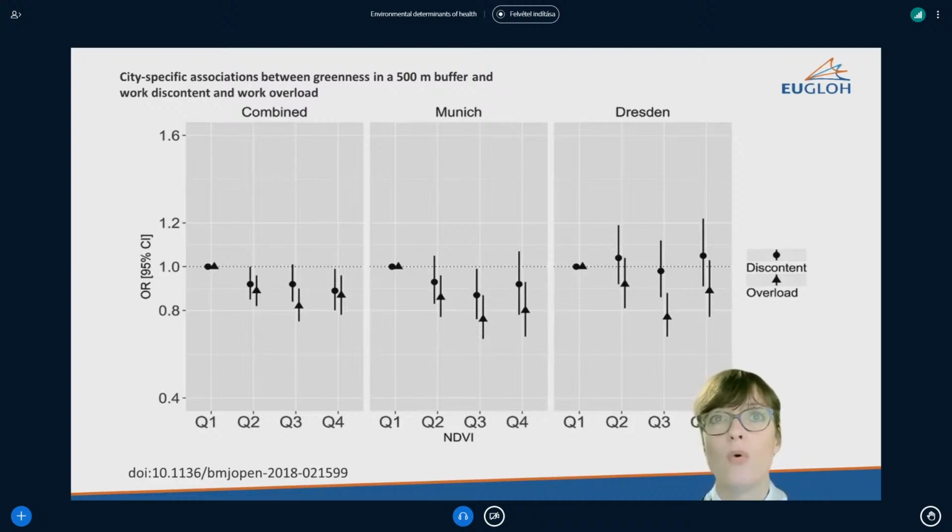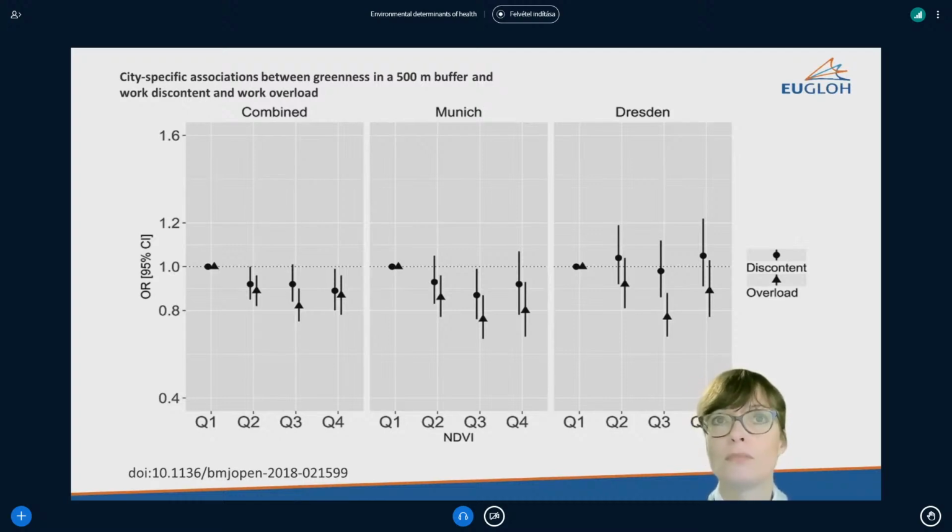The outcome here was not respiratory health, but chronic stress, or better to say, two markers of it: work discontent and work overload. The hypothesis behind is that more green space is better for your health. And this effect seems not only to be that you have better air or better opportunities for exercise.